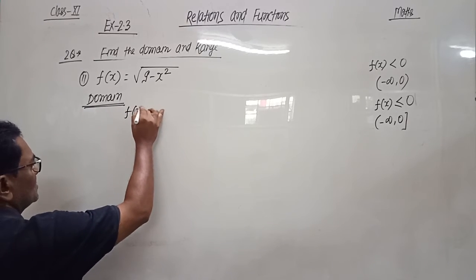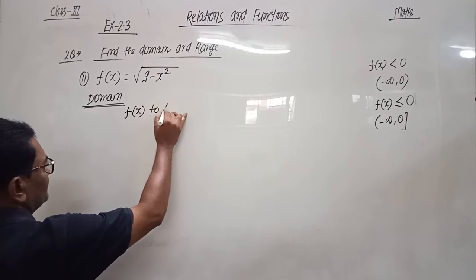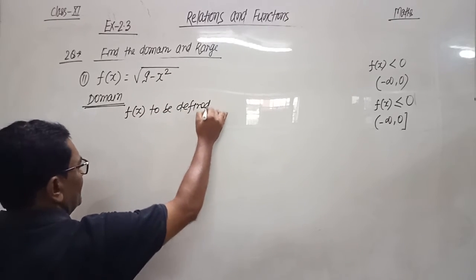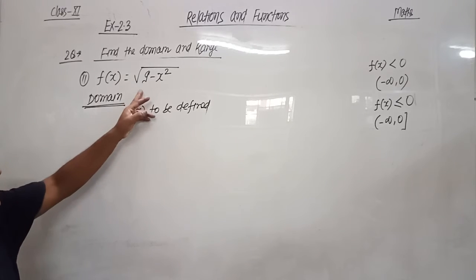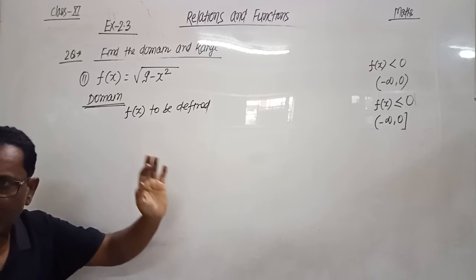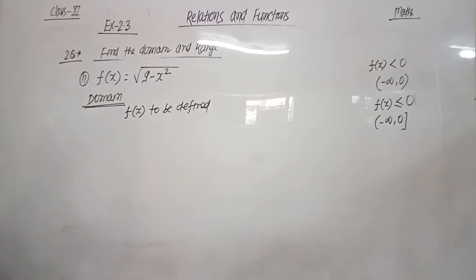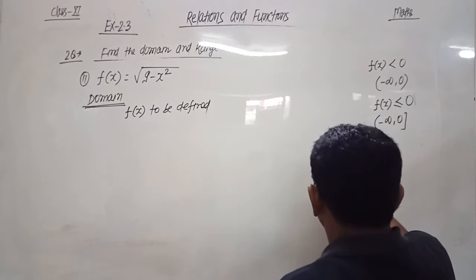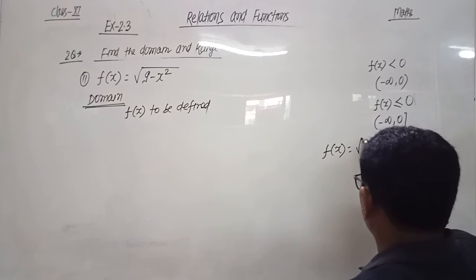For f(x) to be defined, the expression inside the square root should always be greater than or equal to 0. Suppose the function is f(x) equals under root of x.